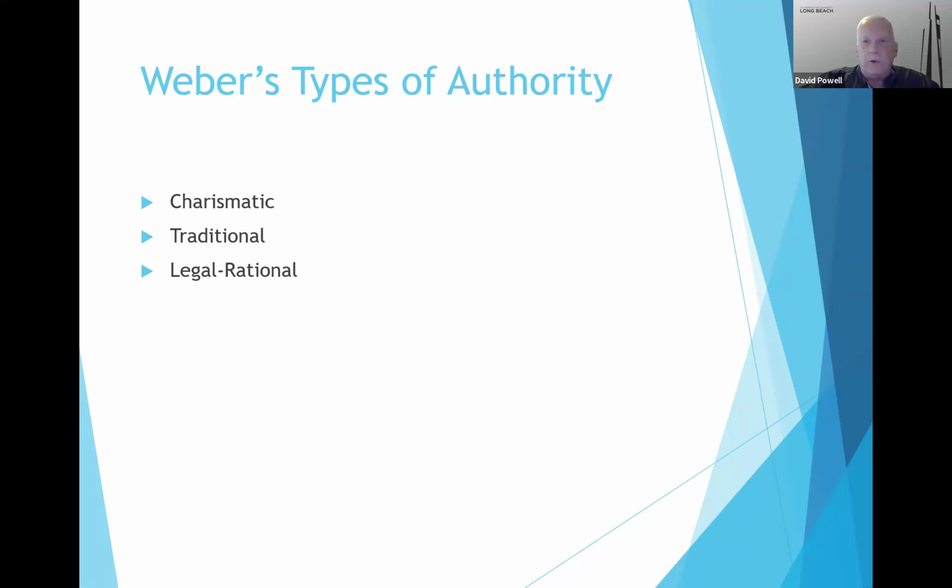So it's important for an organization to have this authority. Authority is the ability to influence others to do things they otherwise would not do. And when you influence someone to do something they otherwise would not do, as we talked about last week, that's an exercise of power.